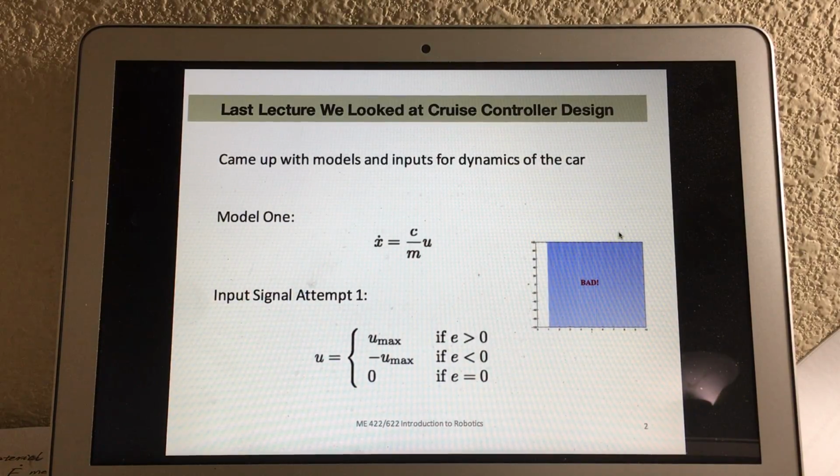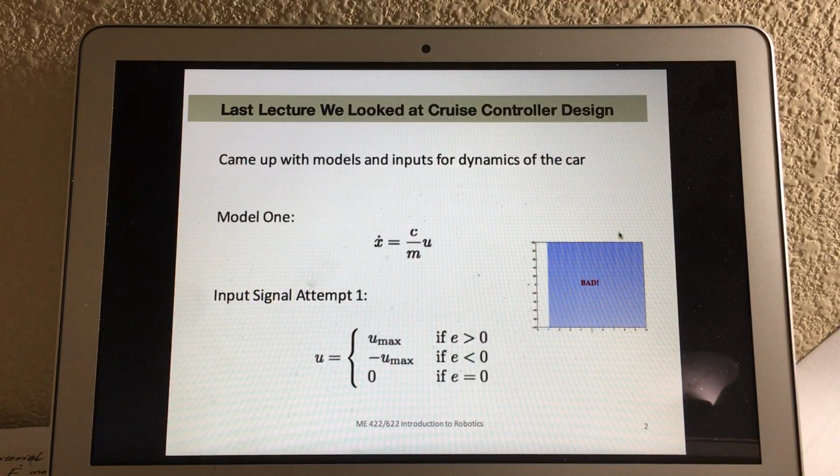And we tried the first model, which is x dot equals 3 divided by m times u. Here, m is the mass, u is the input, which models how hard you press on the gas pedal or the brake. x is the state variable here, which in this case is the velocity of the car.